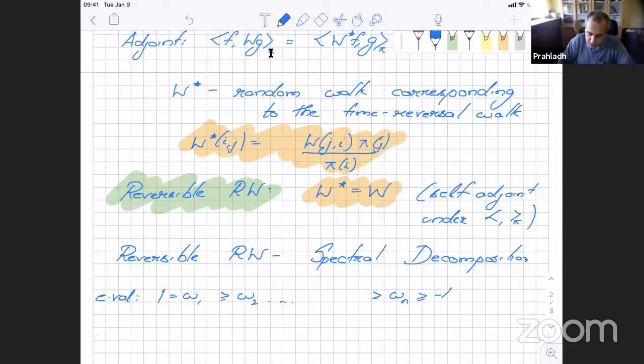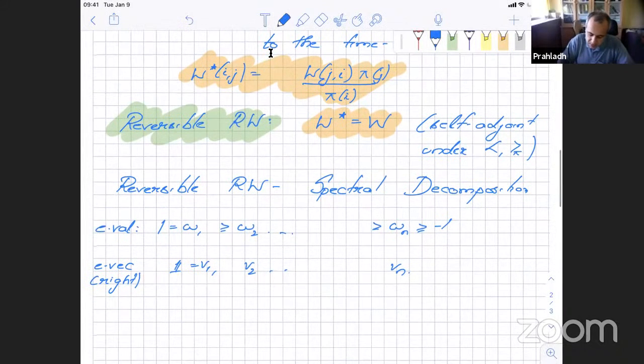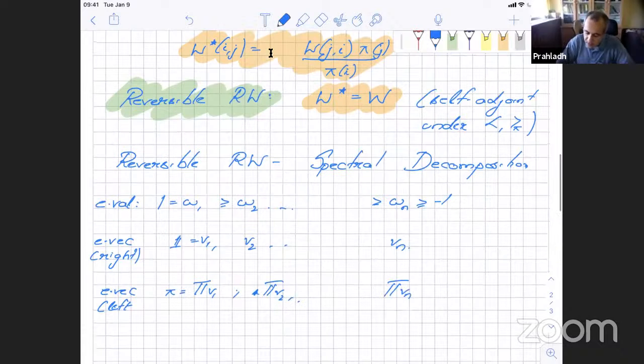The corresponding right eigenvectors were the all ones vector v1, v2, and so on up to vn. The eigenvectors on the left are pi times v1, pi times v2, all the way up to pi times vn, where pi is the diagonal matrix in which you put the stationary distribution on the diagonal.